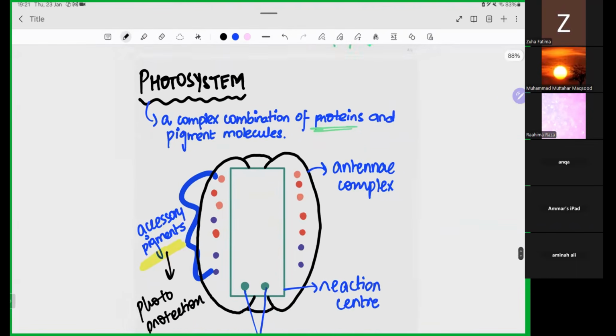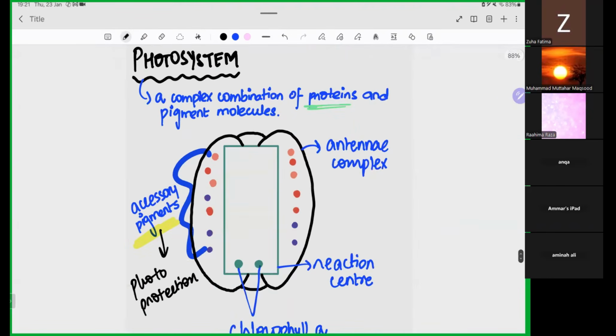Then we said that these pigments are actually found in bodies called photosystem. And photosystem is like a cluster or a combination of proteins and pigment molecules. It has accessory pigments on the sides or the antennae complexes, and concentrated in the center is your reaction center, where the primary pigments or chlorophyll A molecules are present.